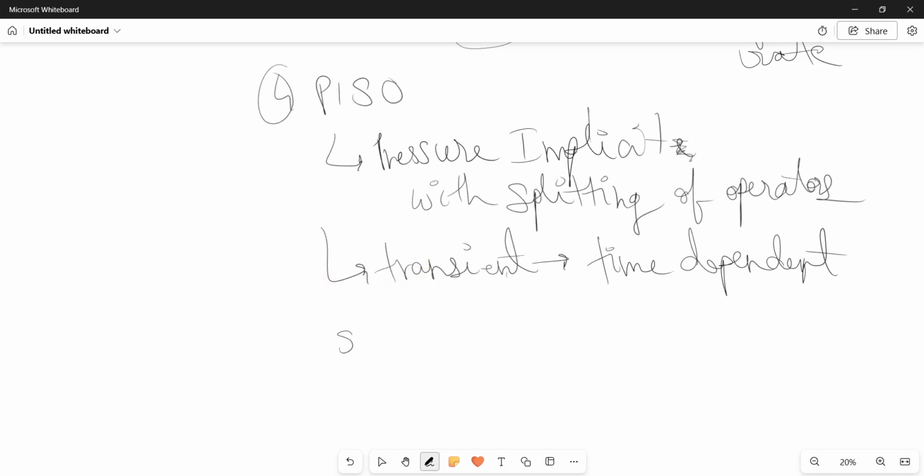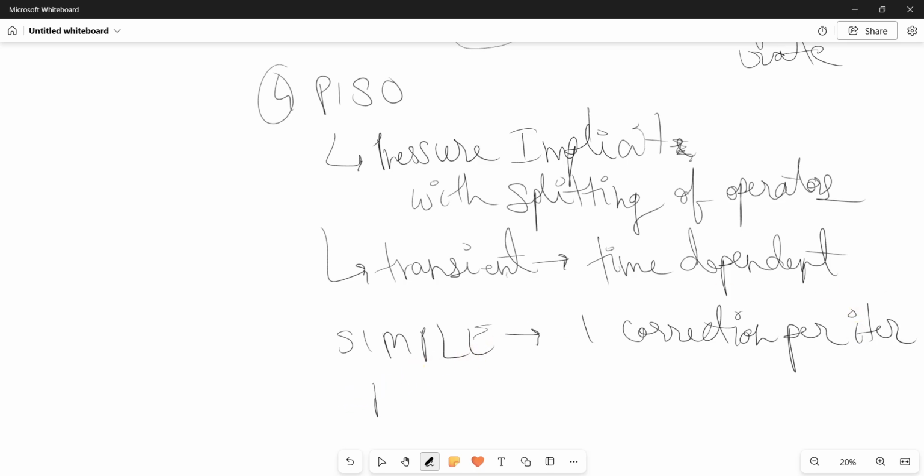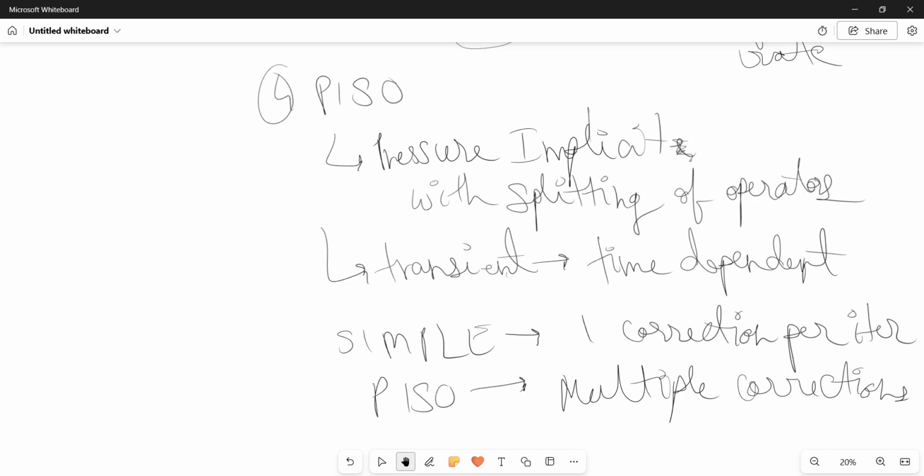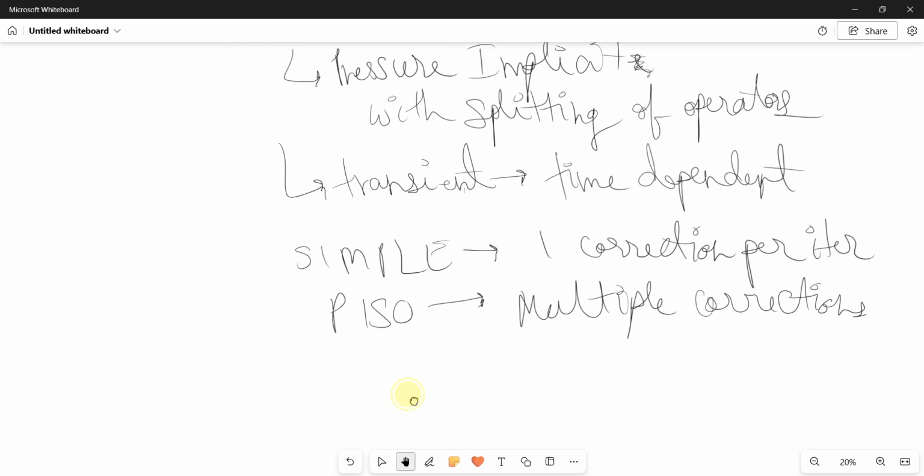So how is it different? In SIMPLE, what we did is we had one correction per iteration, right? In PISO, you have multiple corrections, right? So what does it mean?